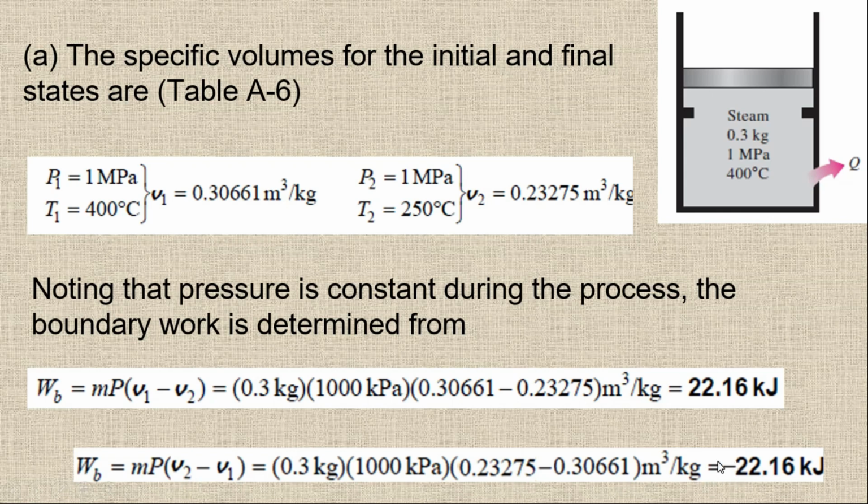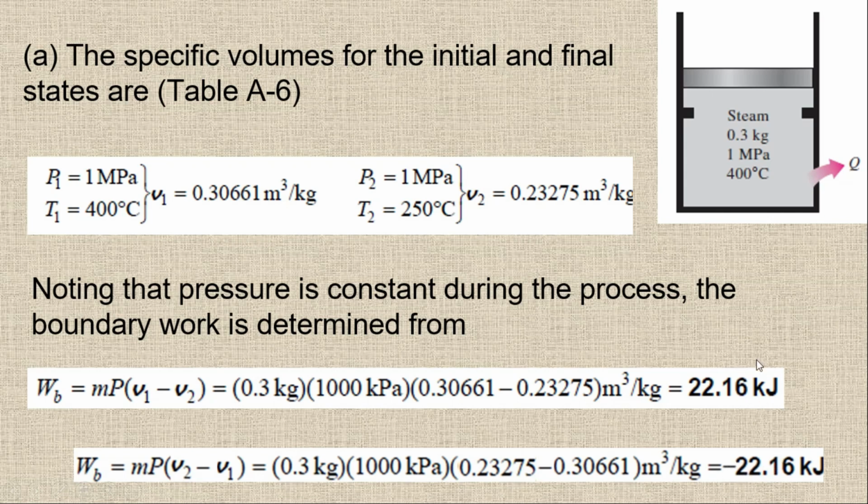So it's better to use this approach. You can use the other one, but remember that you will get a positive answer, because I'm saying v1 minus v2, meaning initial minus the final volume. But actually the difference is v2 minus v1, and then you will get a negative answer. So this one is the correct one.